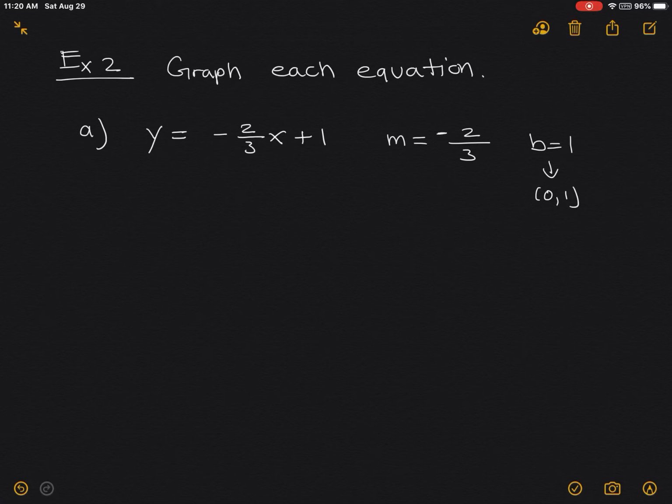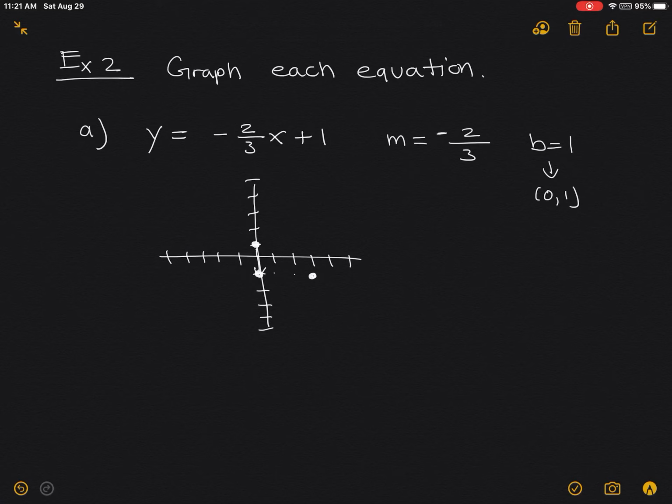If I quickly draw a set of axes, 1, 2, 3, 4, 5 tick marks, and plot the y-intercept (0, 1), then I do a rise over run. Because it's -2, I'm going to go down 1, 2, and then run to the right 3 units: 1, 2, 3. So this is where my final point is.